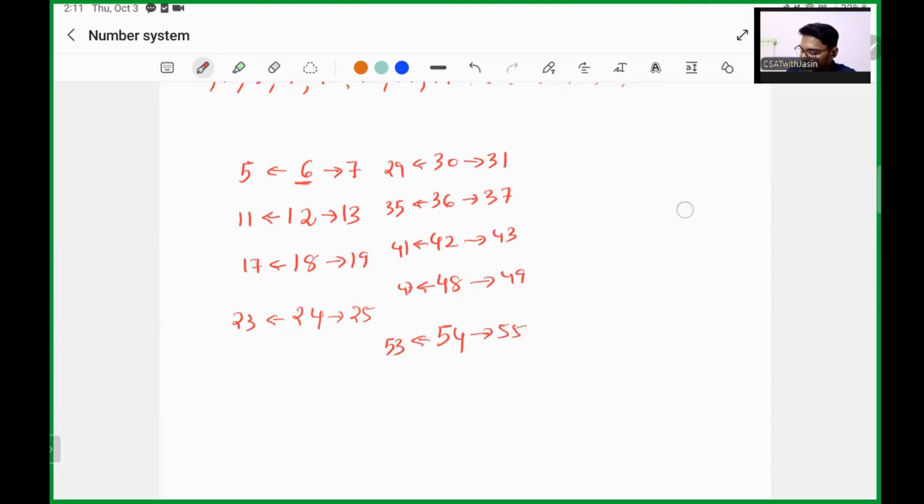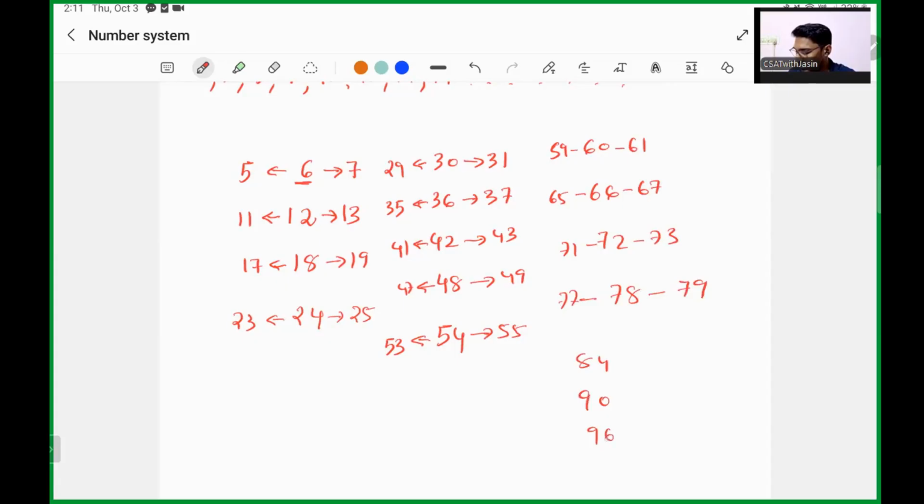Then 60, so you have 59, 61. You have 65, 67, 71, 73, 77, 79. Then 84, 90, 96. So you have 83, 85. You have 89, 91, you have 95, 97.